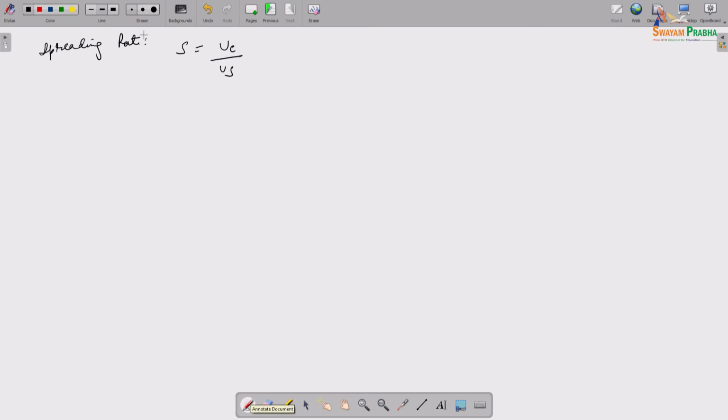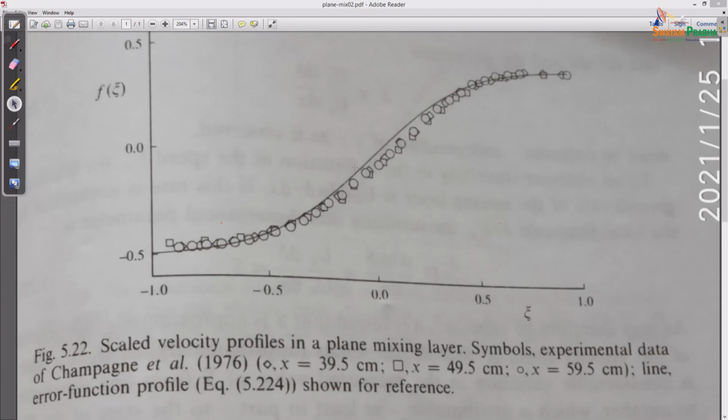So I am going to write this down. S is equal to UC by US into d delta dx, and this is constant. Okay. Let us look at this plot.